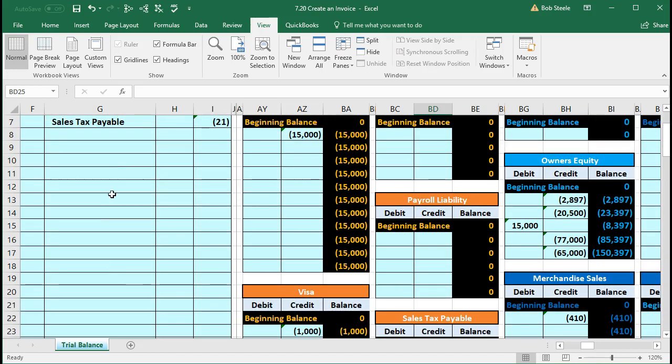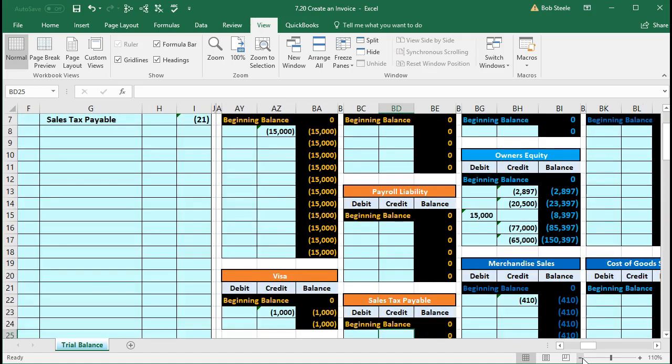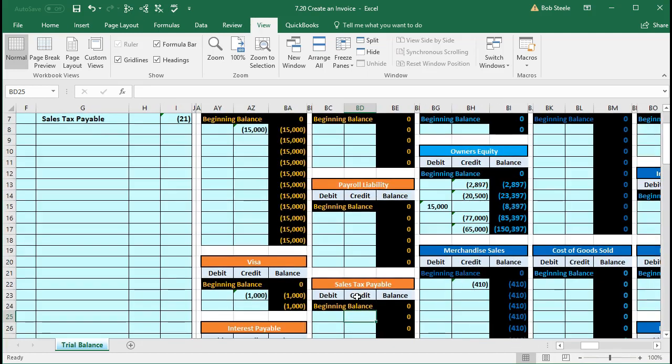And once again, we can't quite see what we want there. So I'm going to go and make it from 120 down to 110. And let's make it a little bit. So now we're down to 100. So I'm going to put my cursor in BD25. I'm in BD25, equals, and then point to cell I7 and enter.